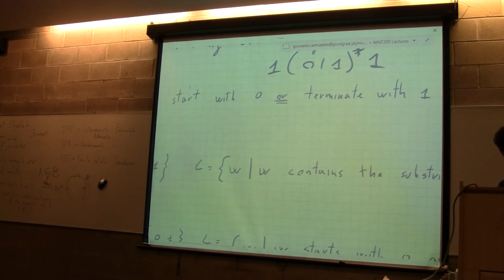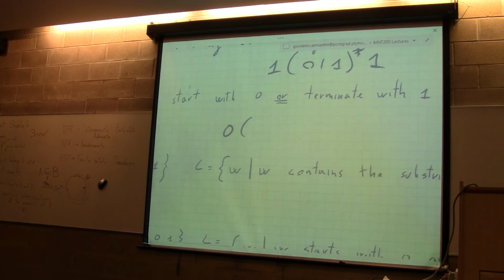Start with 0 or terminate with 1. Okay. Let's see if you can solve this one. This is just a step further from the previous ones. So it either starts with 0 or terminates with 1. So we know there's a 0, and then what can you have? 0 or 1 star.